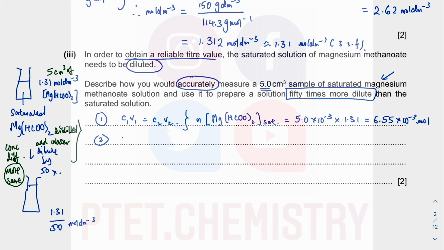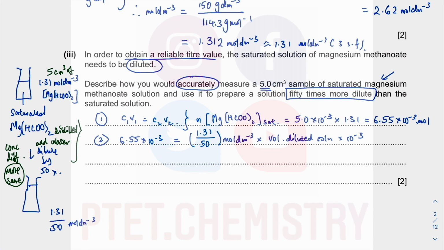It's more dilute, so 6.55 times 10 to the minus 3 mole is equal to, I want the concentration to be 50 times more dilute, this is mole per dm³, then times the volume of the diluted solution times 10 to the minus 3, because this is in cm³, times the concentration, which has been diluted 50 times, is equal to the actual mole.